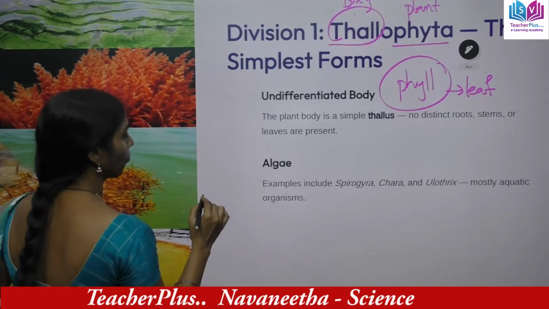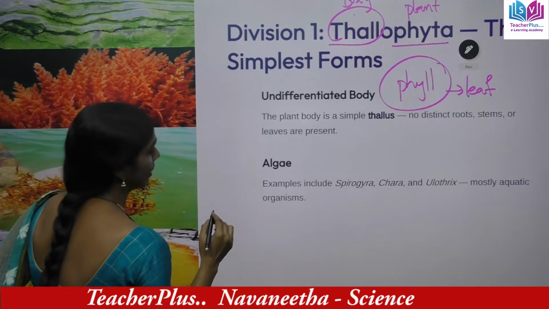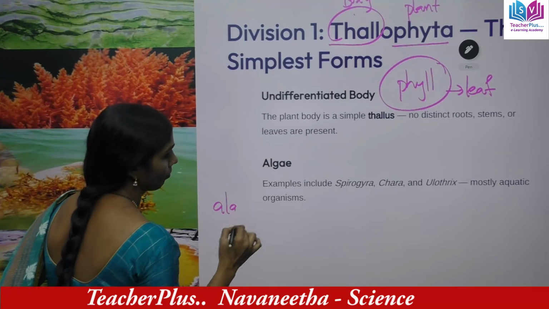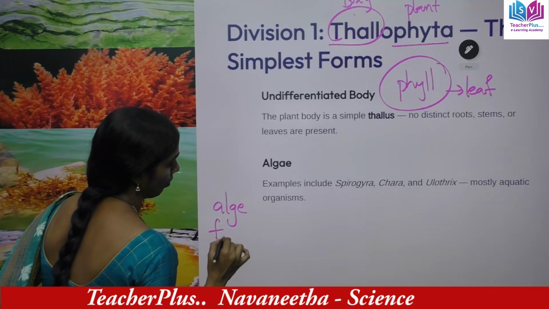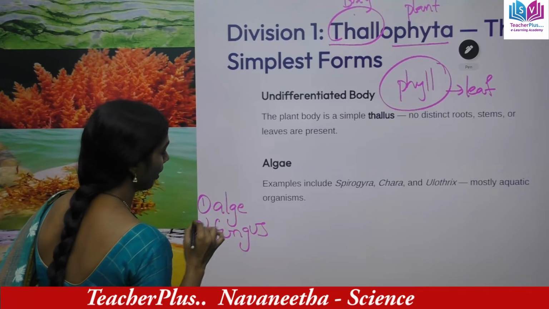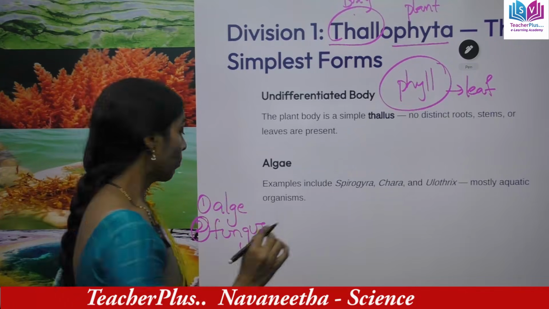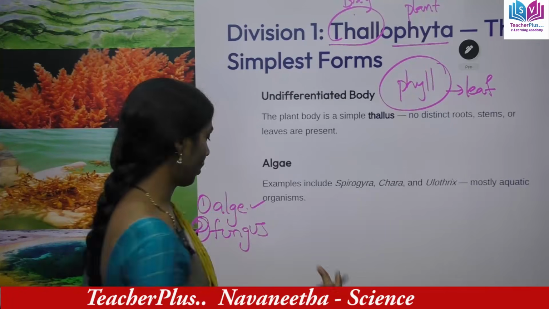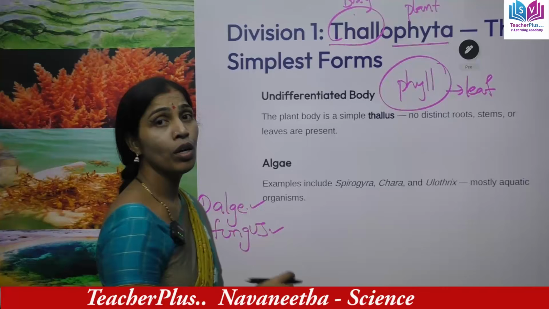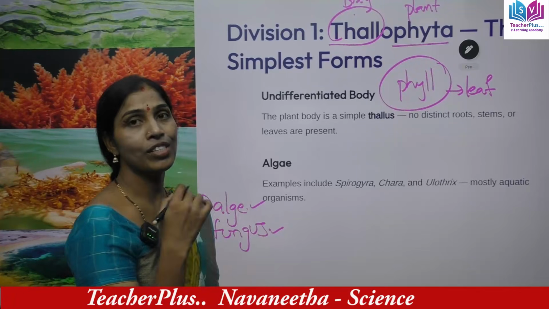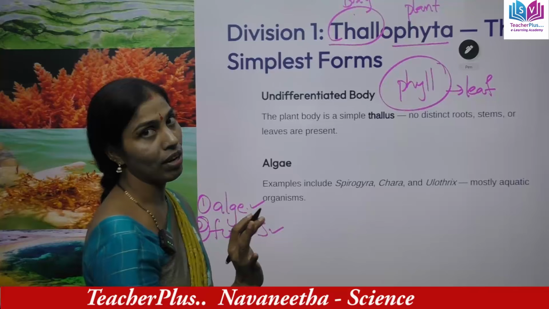The best examples of thallophyta are algae and fungus. These two come under thallophyta because algae do not have a proper body structure. Even fungus also does not have a proper body structure, meaning they do not have stem, root, leaves and flowers.